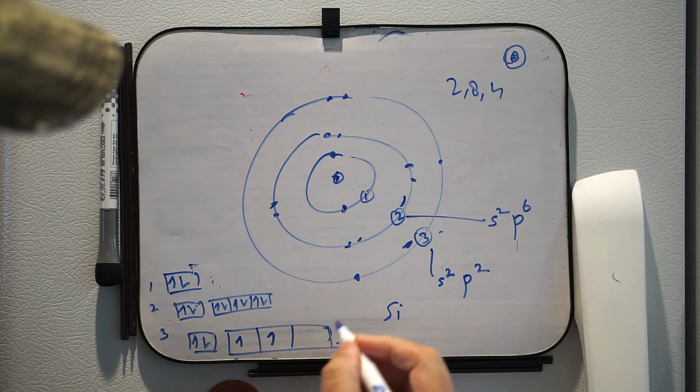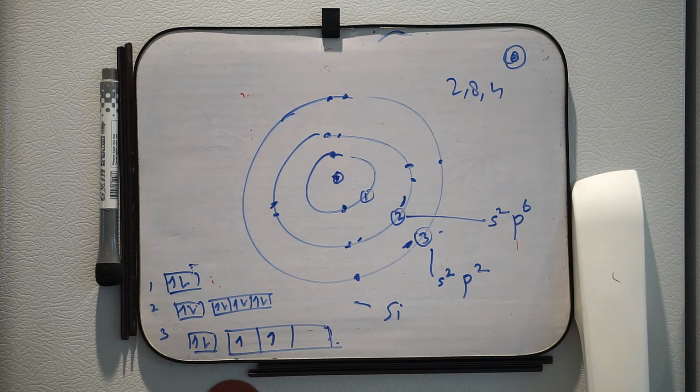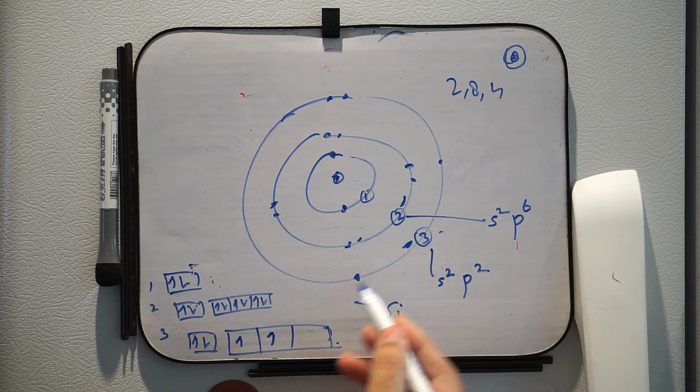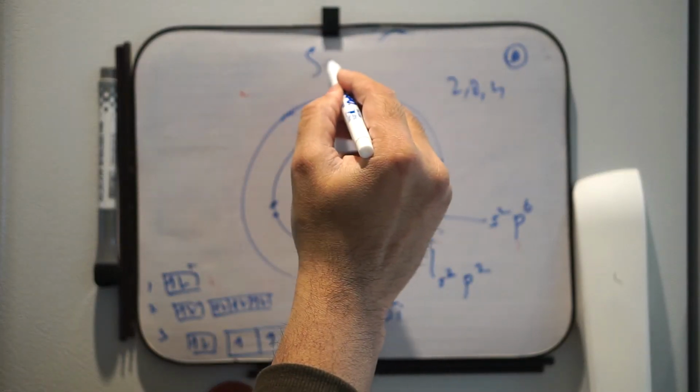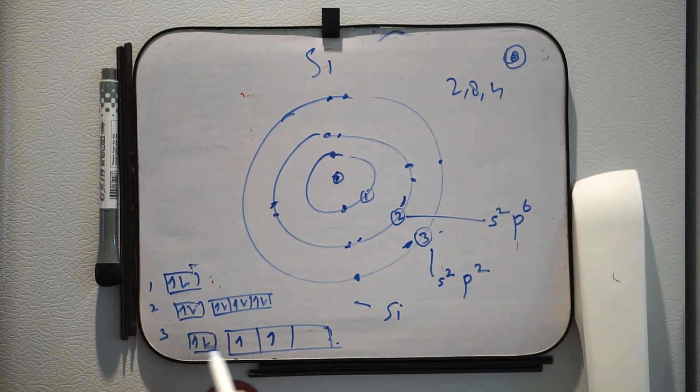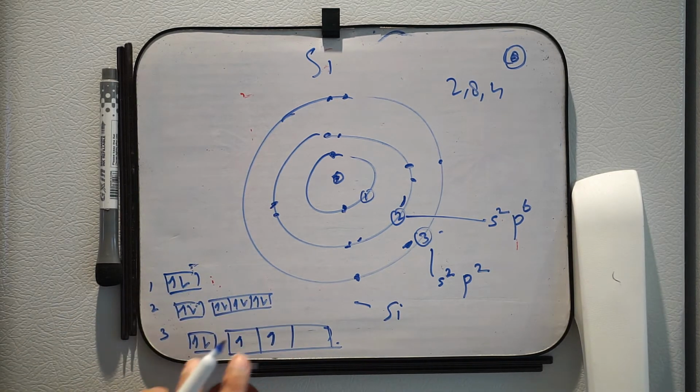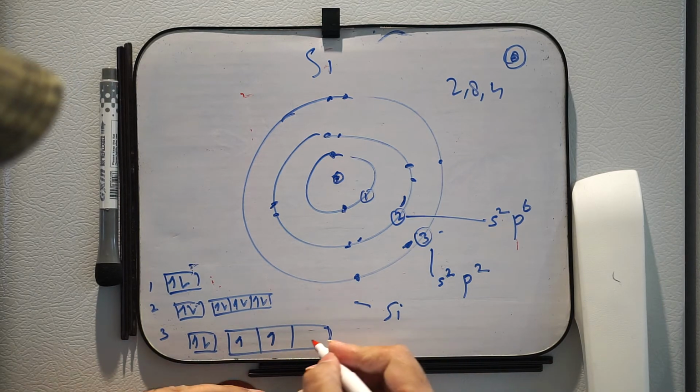So this gives silicon some interesting properties. As you can see, in the third shell of silicon we've got 4 electrons, which makes it a very, very interesting element, because it could either give all of these 4 electrons and be stable, or it can also take electrons. It can take 4 electrons.